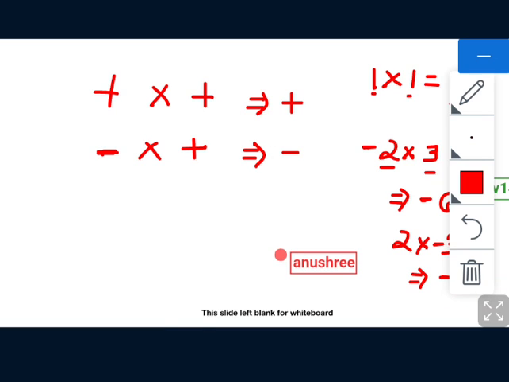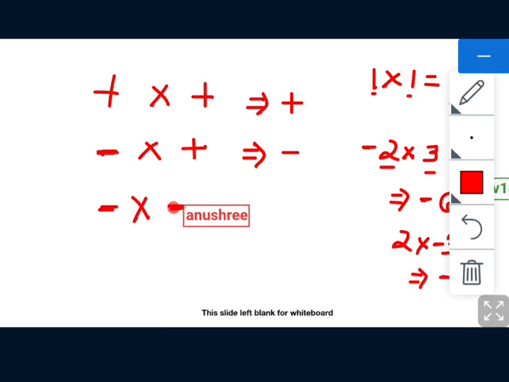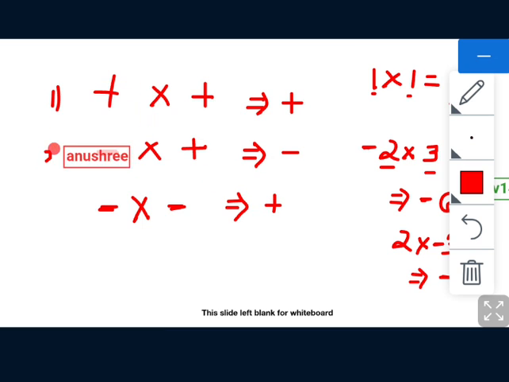And when you are multiplying two negatives together, minus multiplied by minus, your answer is always positive. So you can clearly see there are 3 cases, 1, 2 and 3, and in all these 3 cases there is only one case when your answer is negative, when one of the numbers is negative.